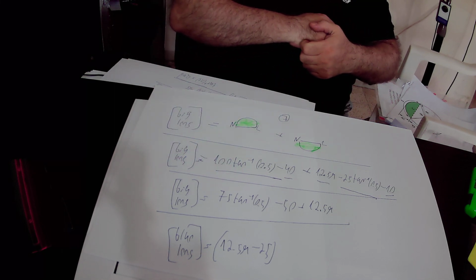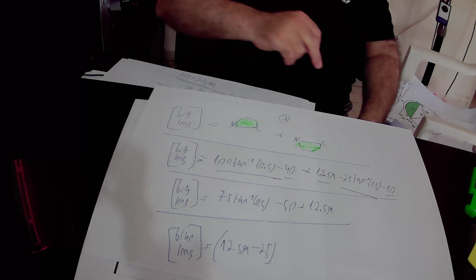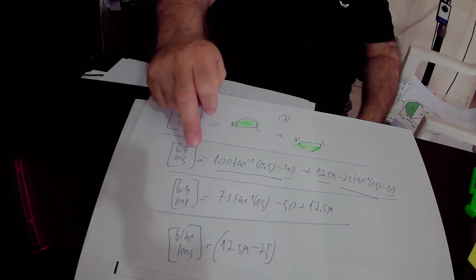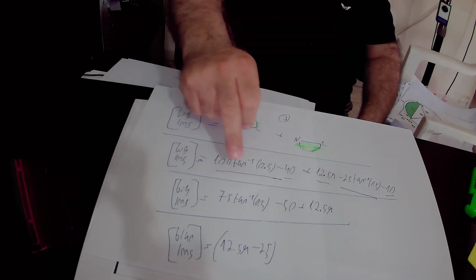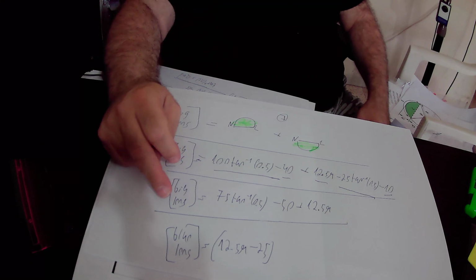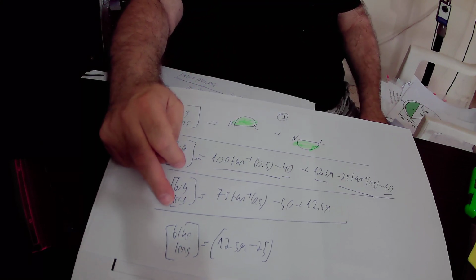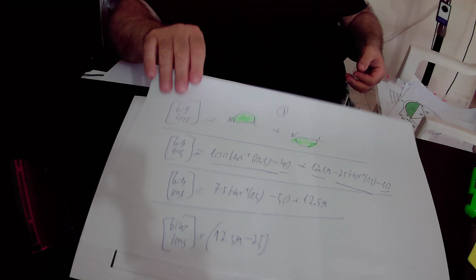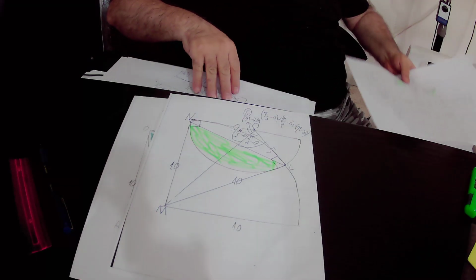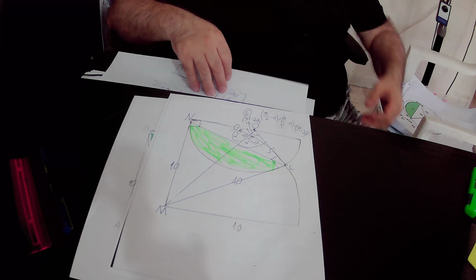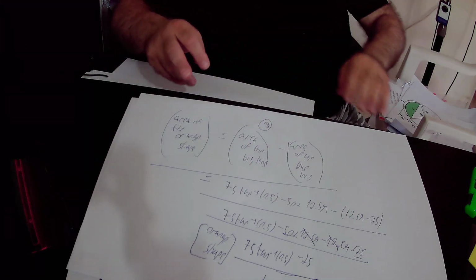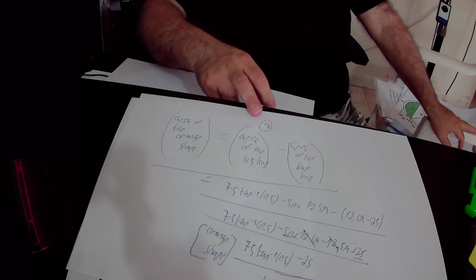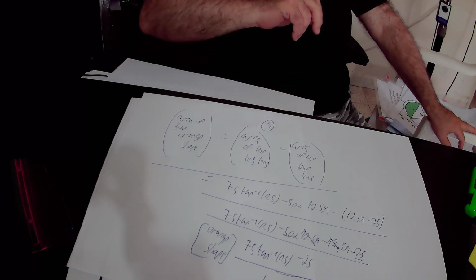So this is the area of the big lens, and we have already found that the area of the blue lens equals this expression. Then we subtracted the two areas from each other. Here the area of the orange shape equals the area of the big lens minus the area of the blue lens.